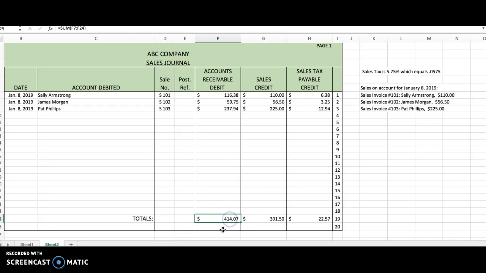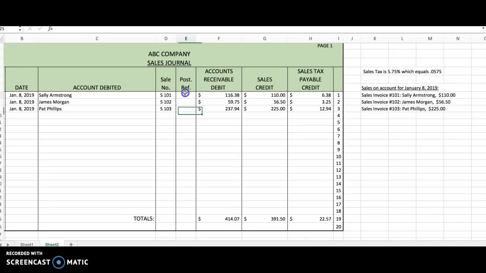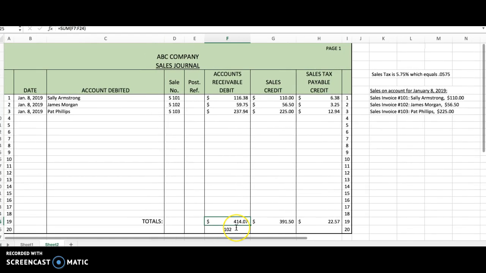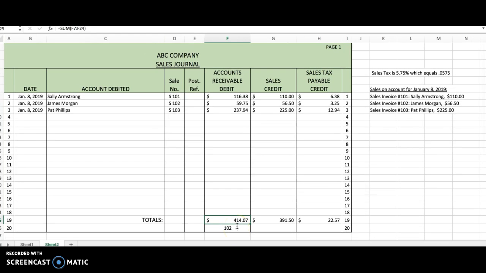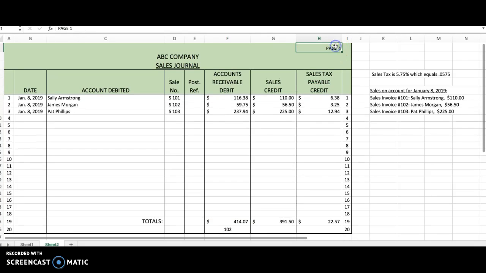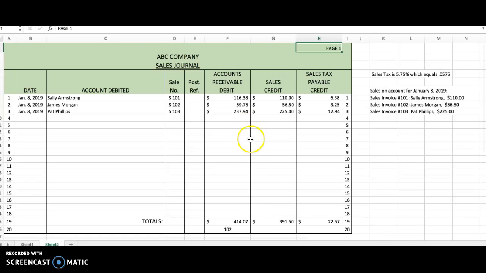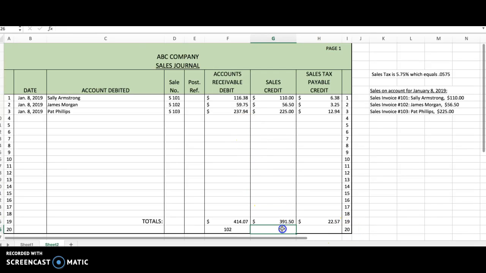And when we do that, we don't use the posting reference column here, not quite yet for this. If we post this total, this will go to accounts receivable, and let's say it's 102, that's the account number. That's where we put the 102. And again, the page 1 would go into the accounts receivable account in the general ledger. So we go to sales, and we post the total, and let's assume that is account number 401, and we put the 401 there.